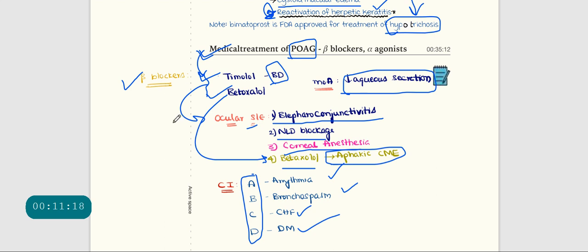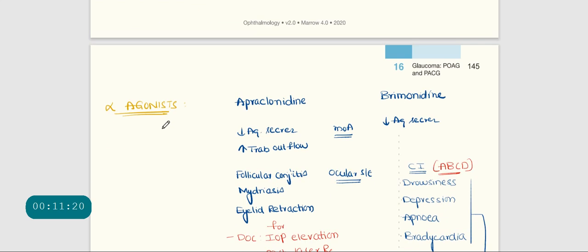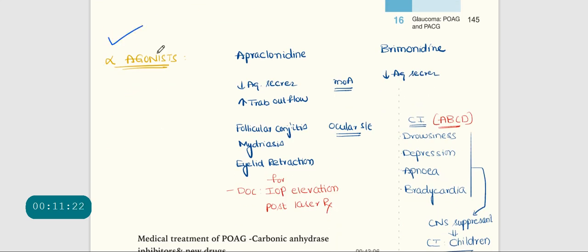Now some alpha agonists are used in medical treatment. So these are apraclonidine and brimonidine. Okay, these are the two drugs, apraclonidine and brimonidine. For apraclonidine, the mechanism of action is that it decreases the aqueous secretion and it increases the trabecular outflow.